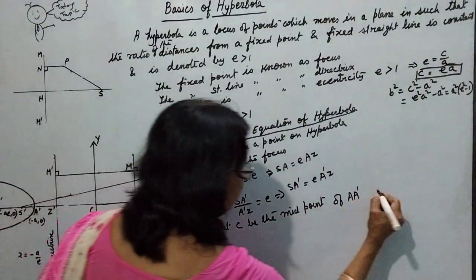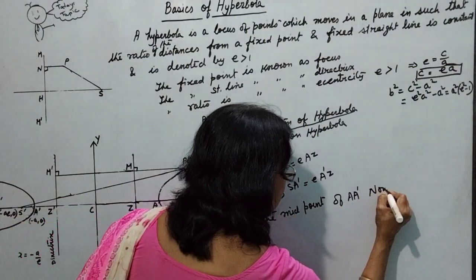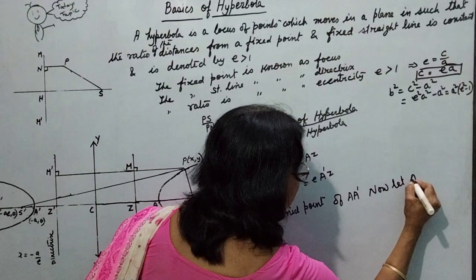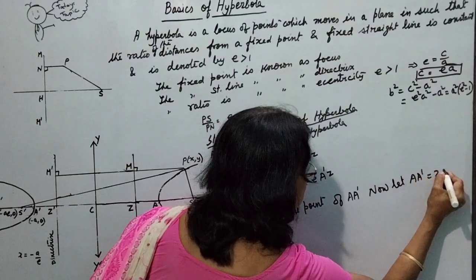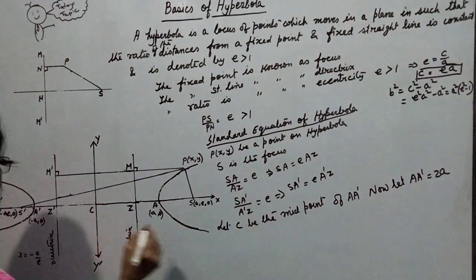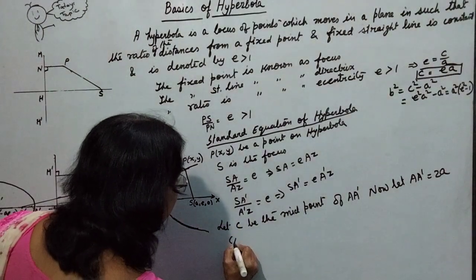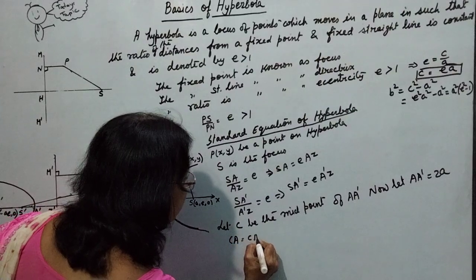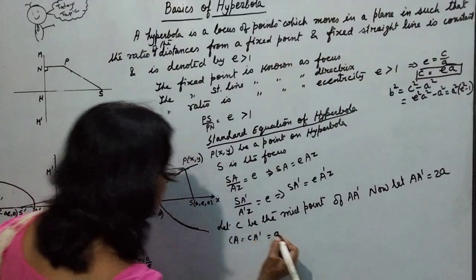Let AA dash be equal to 2A. So C is the midpoint of AA dash, so CA is equal to CA dash is equal to A.